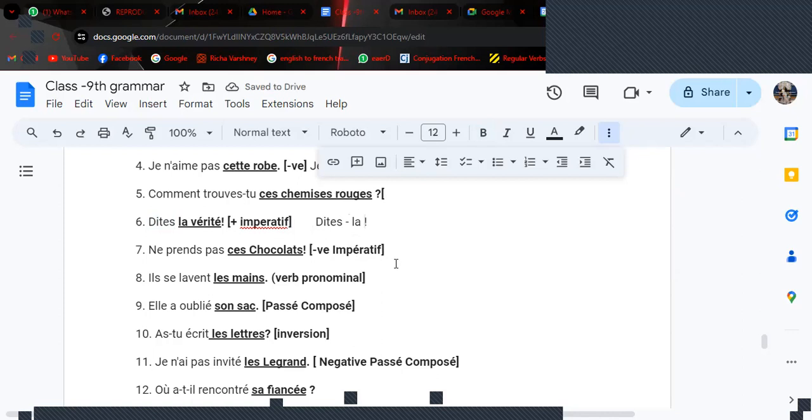In the negative that we have learned, in the negative imperative example, we have learned that it will come before the verb. Ces chocolats. Ces chocolats. It will be plural. So it will come les before the verb.